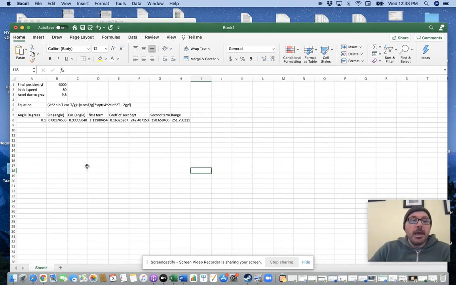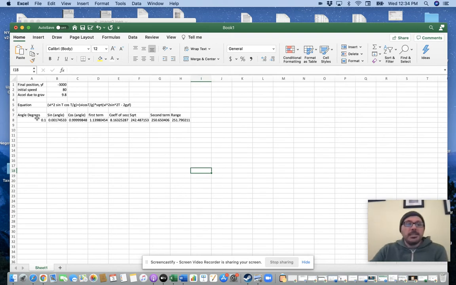So if you notice, my major components here in this expression are the sine of the angle, the cosine of the angle, that first term, that vi squared sine of theta cosine of theta divided by g. Then there's the coefficient of the second term, which is vi cosine theta over g. And then there's the thing inside the square root, the vi squared sine squared theta minus 2 times g yf.